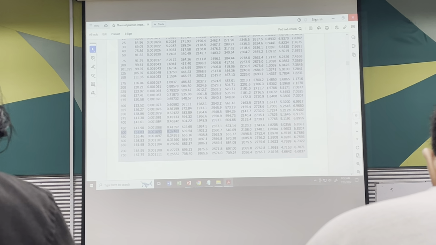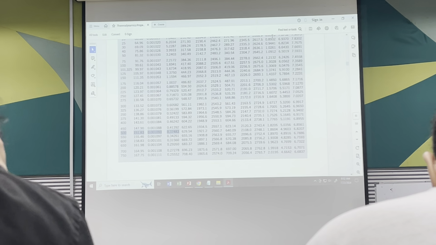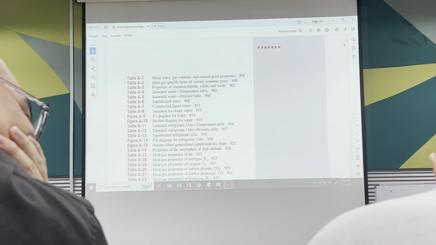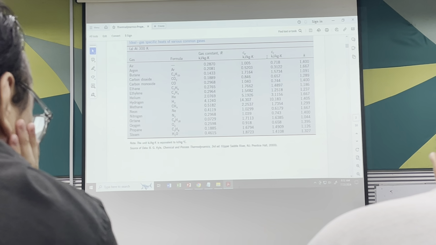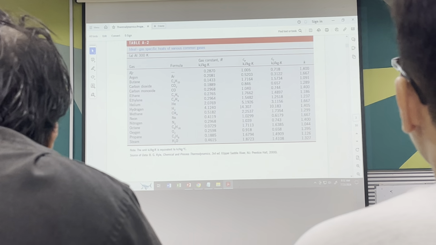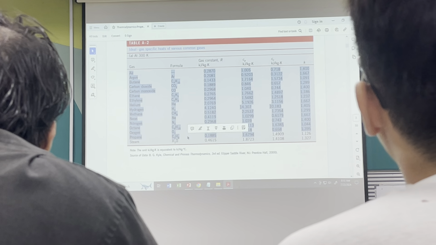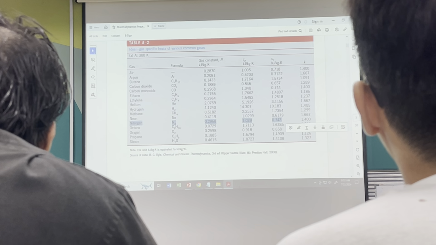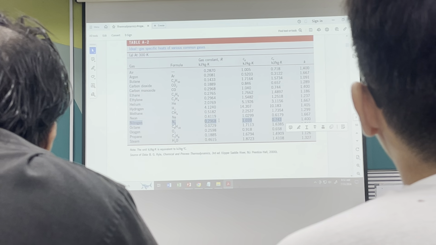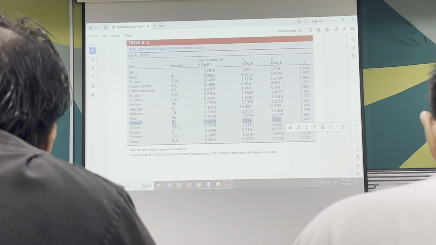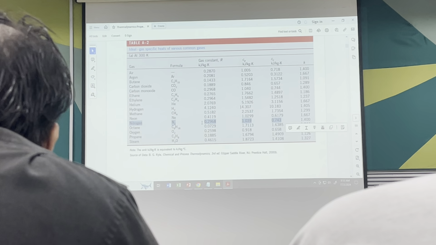For other purposes, this table also has a very useful page, which is this page here, where it gives you all the properties of some common gases. Here for nitrogen, you can see this is where the question gets the gas constant. But of course, like I said, for this question you don't really need the gas constant. You can use PV over T equals to PV over T to get the volume.